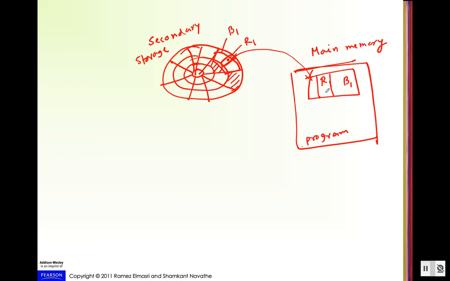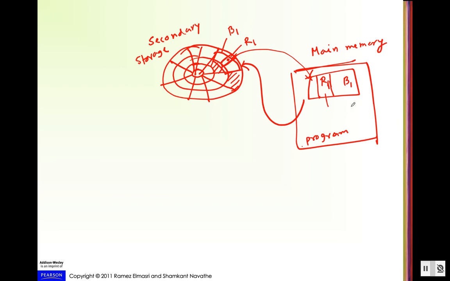Then it works with the record that it needs, for example R1, or any other record from that block. After you are done with your data, you push it back and keep it in your secondary storage. You free the space in your main memory, because the storage size in your main memory is always limited.